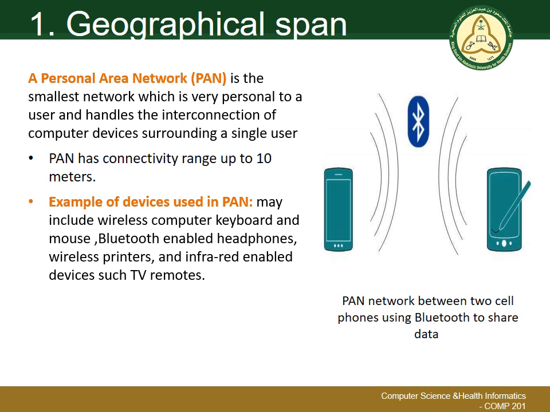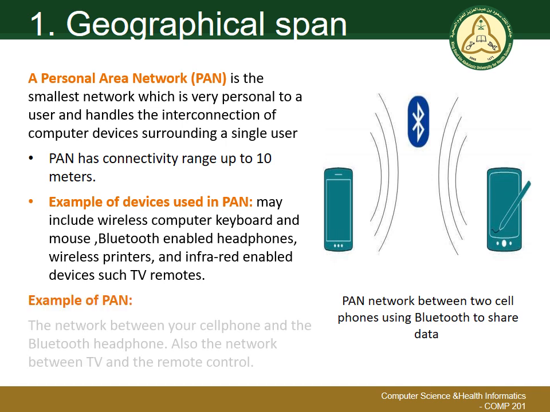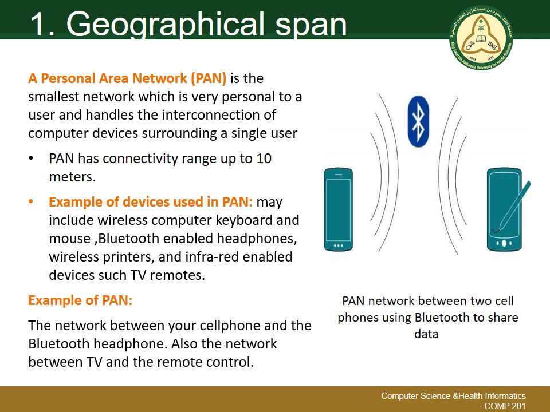Examples of devices used in PAN may include wireless computer keyboard, wireless mouse, Bluetooth enabled headphone, wireless printer, and infrared enabled devices such as the remote control. An example of the PAN is the network between your cell phone and Bluetooth headphone. Also, the network between your TV and the remote control is a good example of the personal area network.